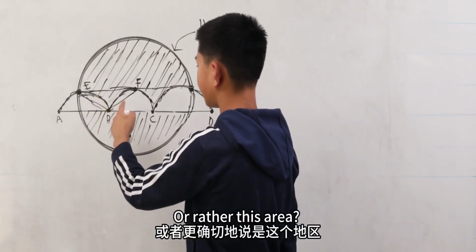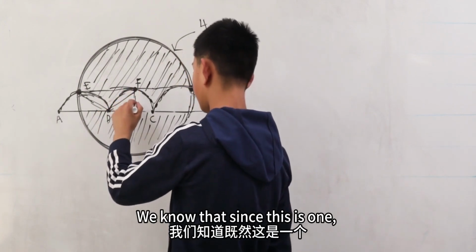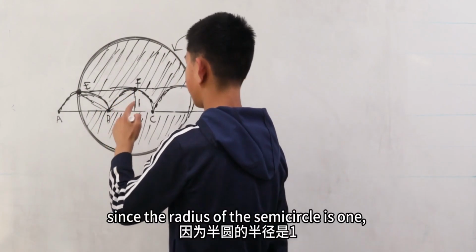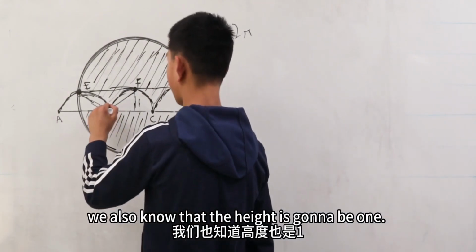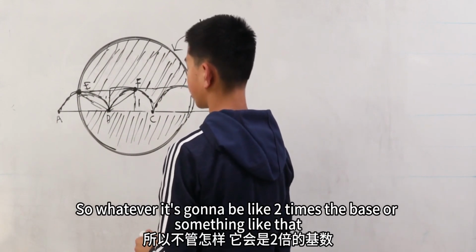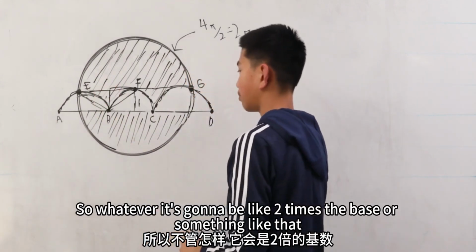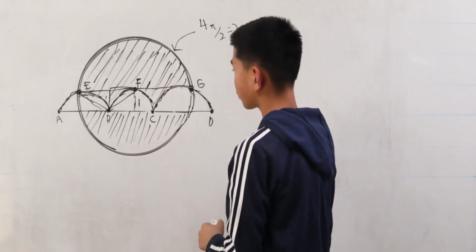We know that since the radius of the semicircle is 1, the height is going to be 1.